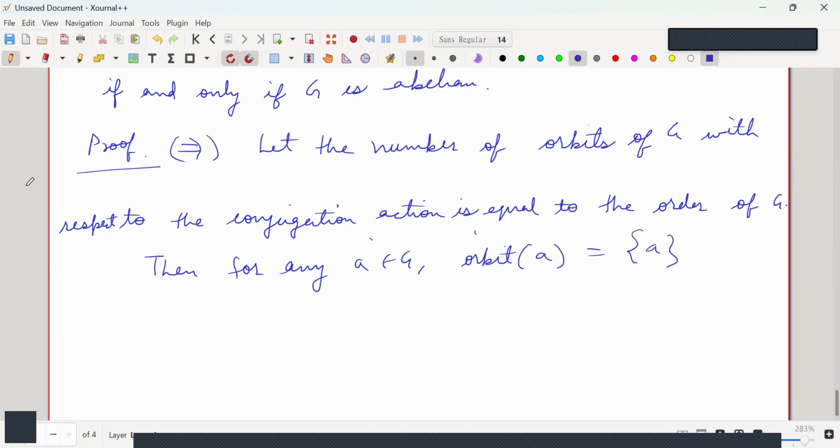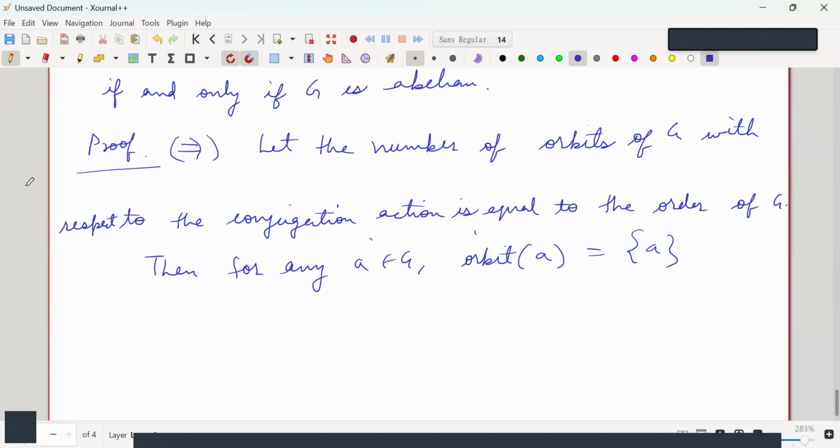Because if for any element the orbit has more than one element, then, since the orbits form a partition of G, two elements have the same orbit only if they lie in the same orbit. So either the orbits are distinct or they are equal.